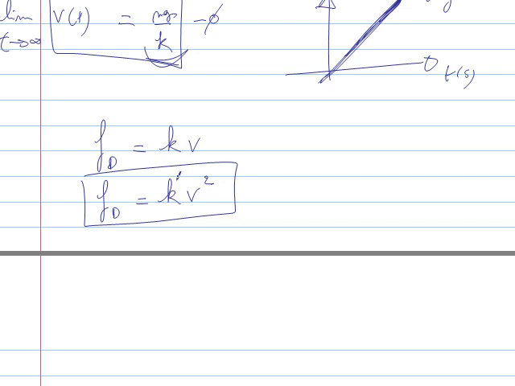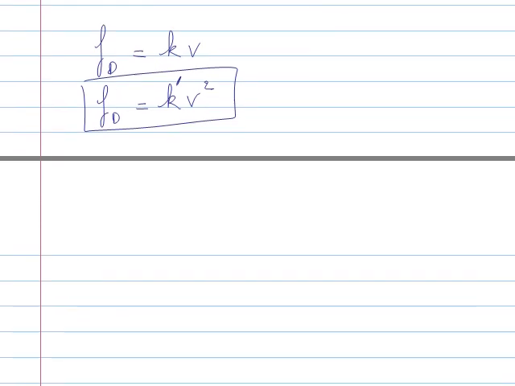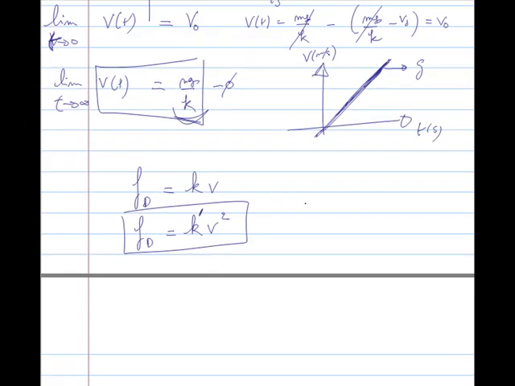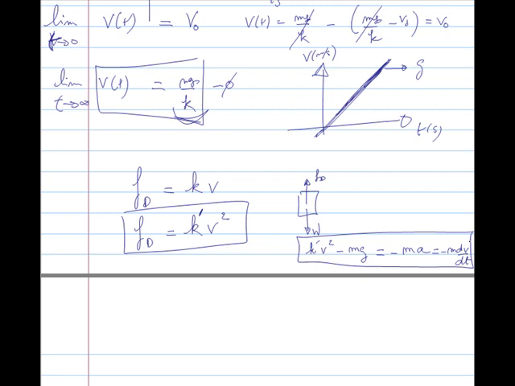So you could redo the exact same problem, except instead of using Fd equal to kv, you will have in your Newton equation k prime v squared minus mg is equal to minus ma, which is minus dv dt. So you could redo the exact same procedure as we've used for this type of functional form.